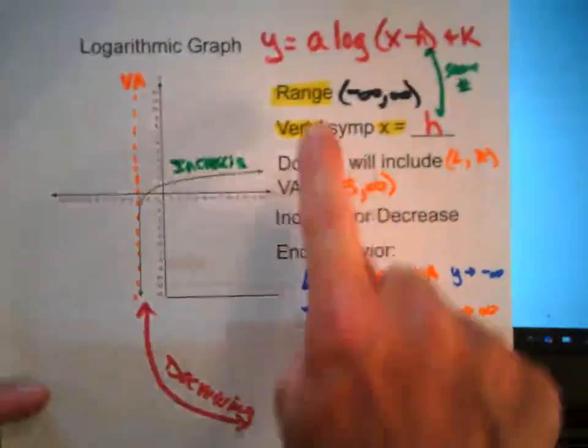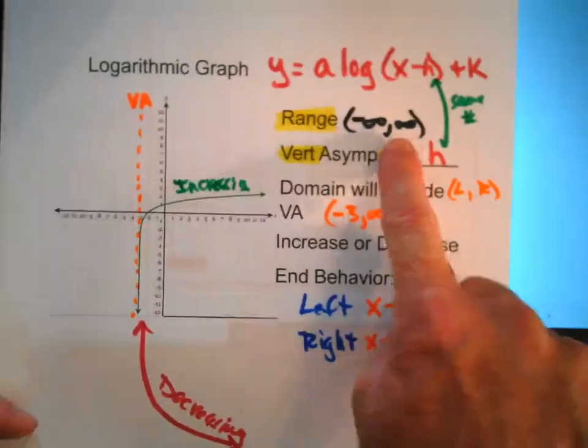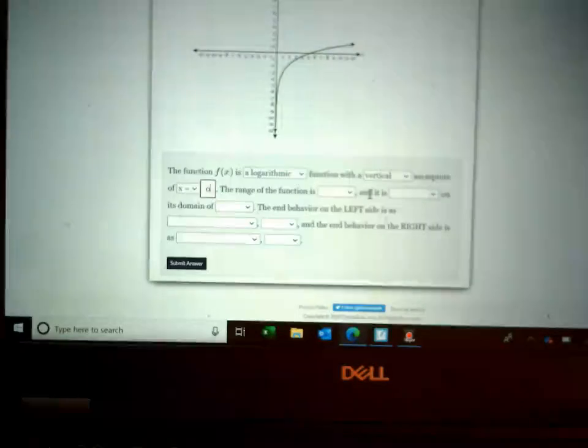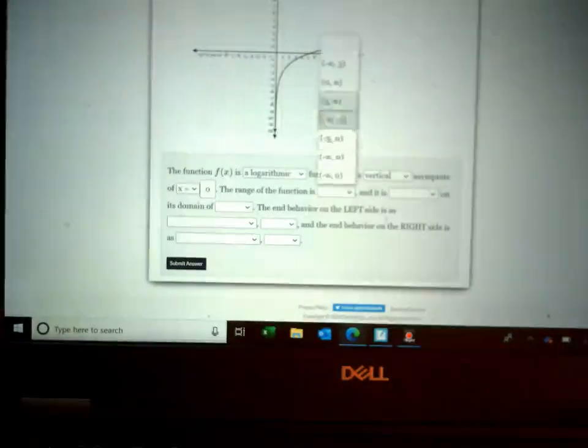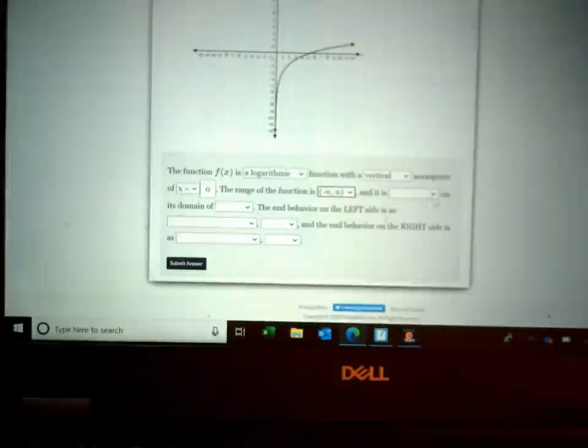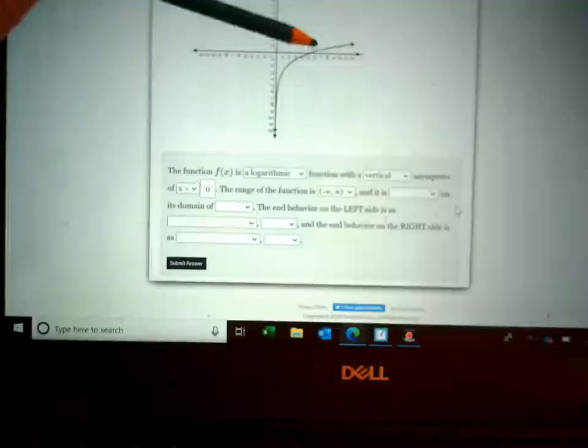All right, so the range of this function, okay? The range of logarithmic graphs is always negative infinity to positive infinity. So you see all these choices, right? Well, there will be a negative infinity to positive infinity choice, okay? And it is blank, increasing or decreasing in its domain. So is this going up or is it going down?